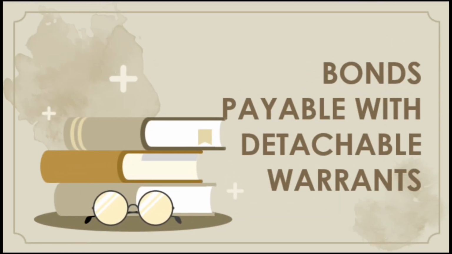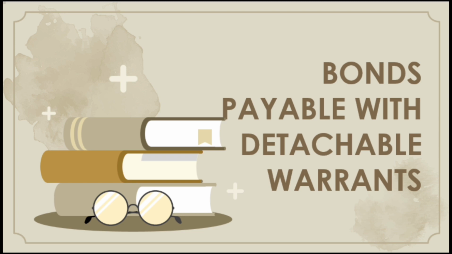Bonds payable with detachable warrants. When bonds are issued with detachable warrants, the warrants grant the bondholder the right to acquire equity securities of the issuer at a predetermined subscription price. This entitlement to equity securities alongside the bonds implies that the entity has effectively issued both debt and equity instruments.